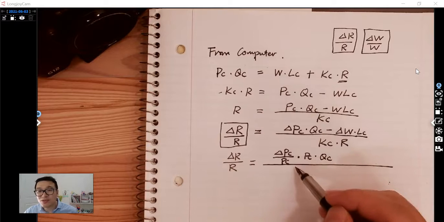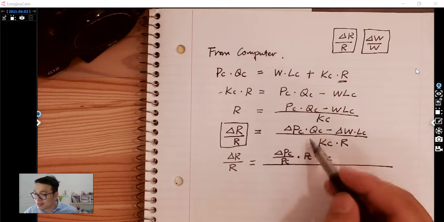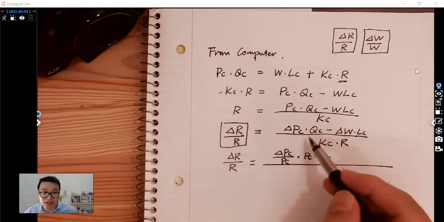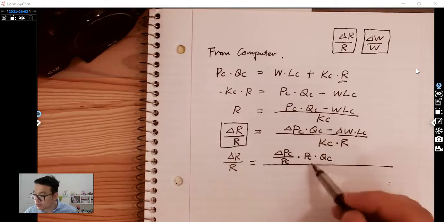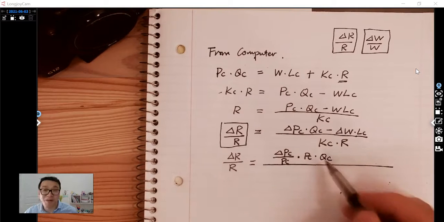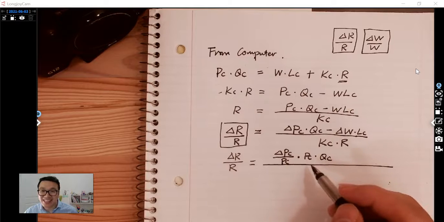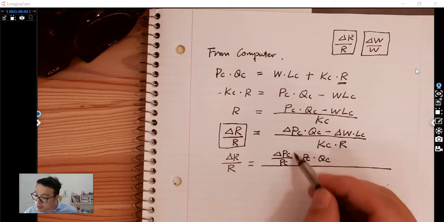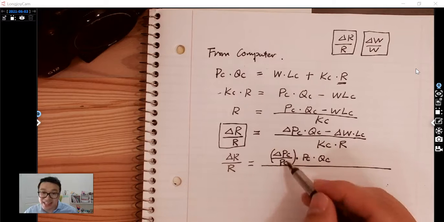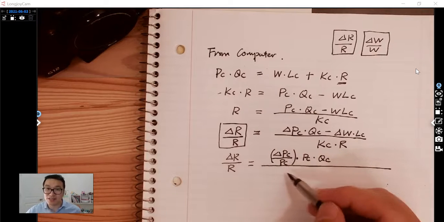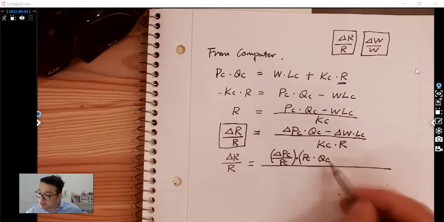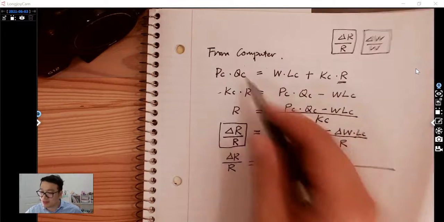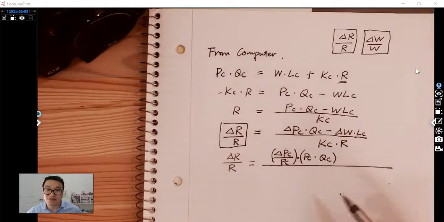So why should we do this? It seems to make something more complex. We expand a two-term calculation into four parts. Why should we do that? If you check closer, you will find we do know the delta PC over PC value, which is given in the question, and also PC times QC, which is the total revenue of computer.